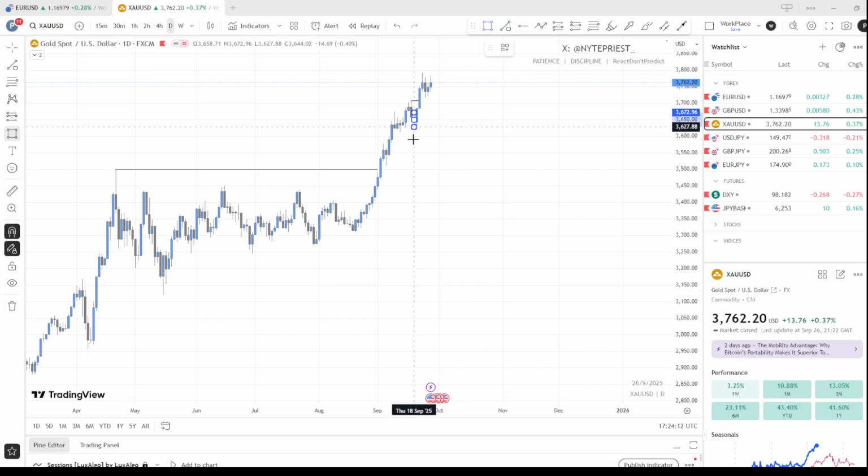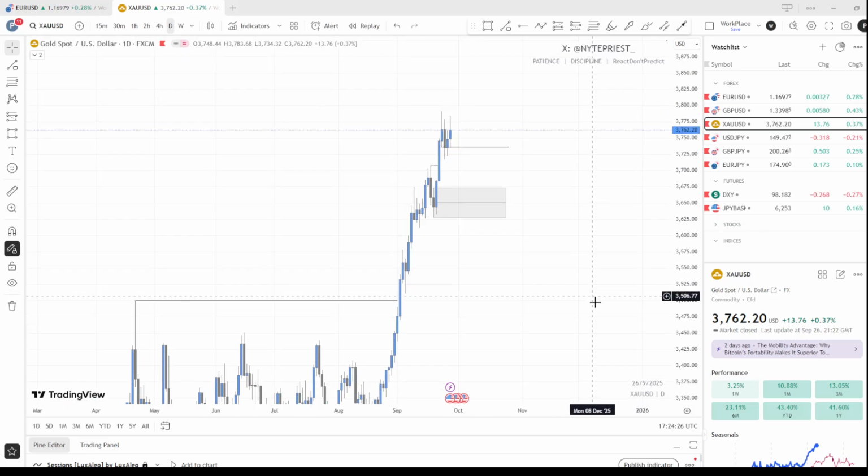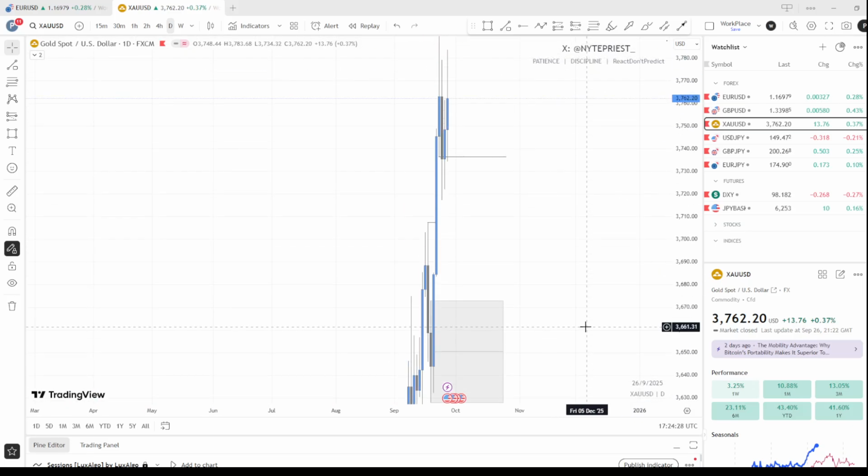We have another block here. Okay. And we broke this daily low and closed below it, indicating further downside action.